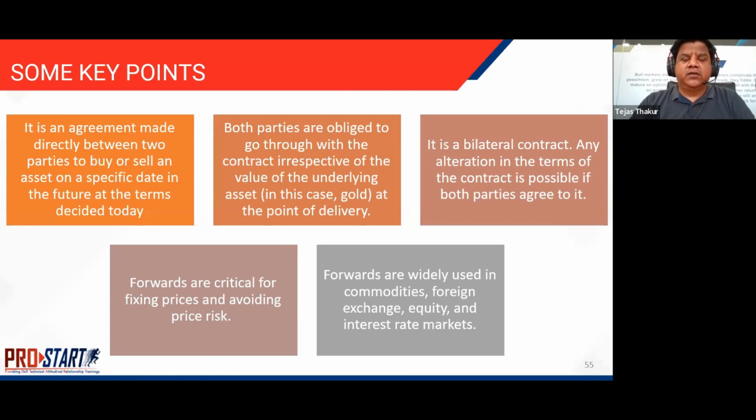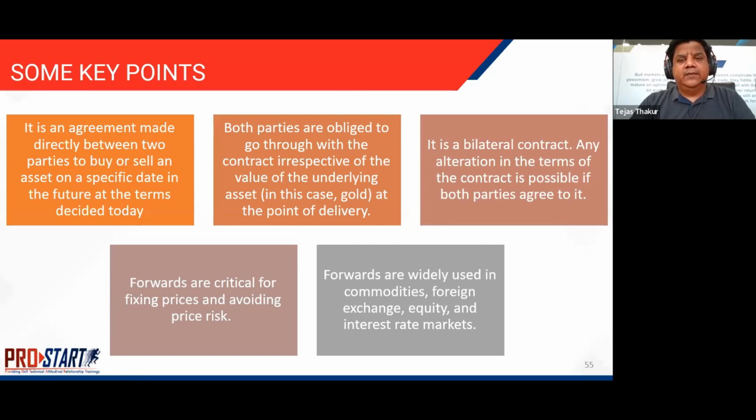Any alterations in the terms of the contract are possible if both parties agree to it. So if you and the goldsmith agree to certain things, like a 15 day delay or something like that, that is possible. If both are okay, there's nothing stopping you from changing the terms of the contract. Forward contracts are critical for fixing prices and avoiding price risk.